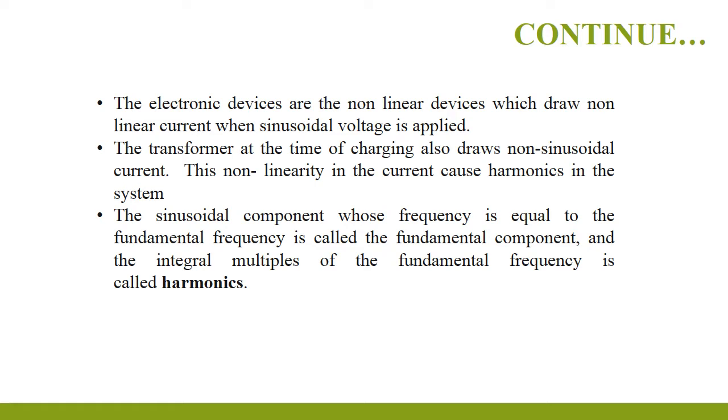For example, if we apply a sinusoidal voltage, the voltage we achieve on the output is not sinusoidal, or the current drawn from the circuit is also non-sinusoidal. The transformer at the time of charging also draws non-sinusoidal current. This nonlinearity in the current causes harmonics in the system.